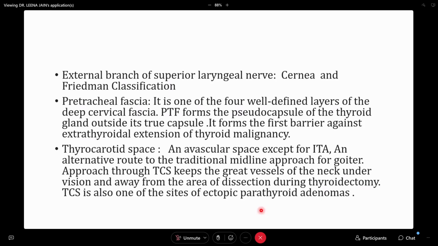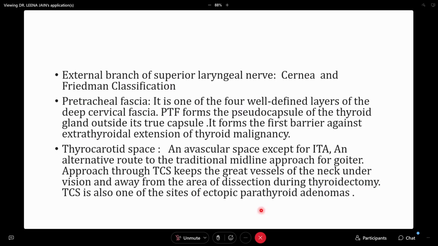So you have to be very near to the true capsule to preserve the parathyroids, especially superior parathyroids and even inferior parathyroids. When you are in the true capsular plane, you save the parathyroids. So you have to identify where is the pseudo capsule and where is the true capsule, because you have to do the true capsular dissection. Okay. And it is also one of the barriers against the extrathyroidal extension of any thyroid malignancy.